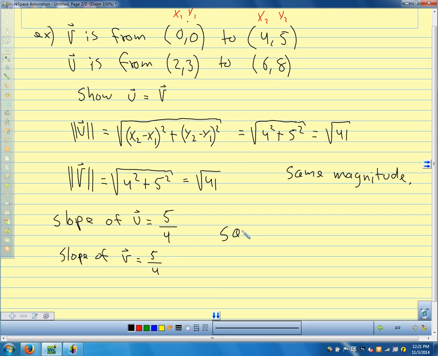So same slope. So that tells us that u equals v. They have the same magnitude, and they're going in the same direction. So questions there?